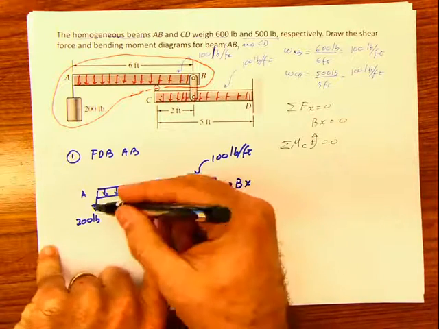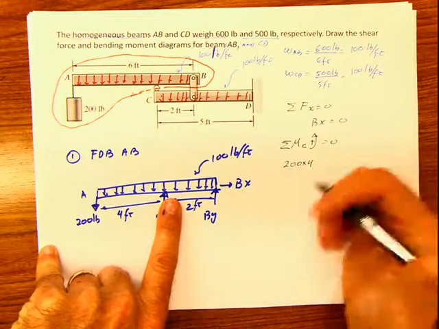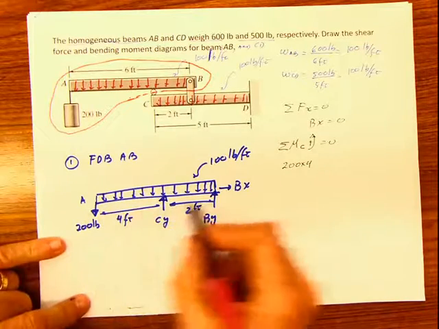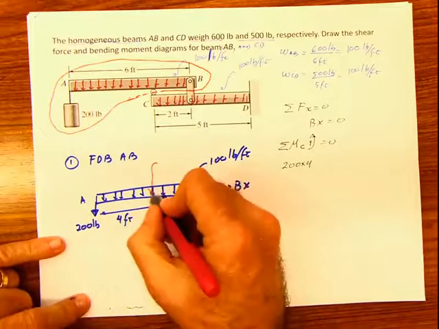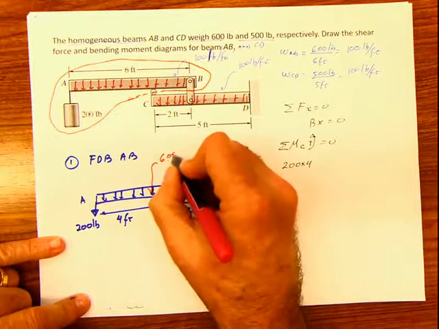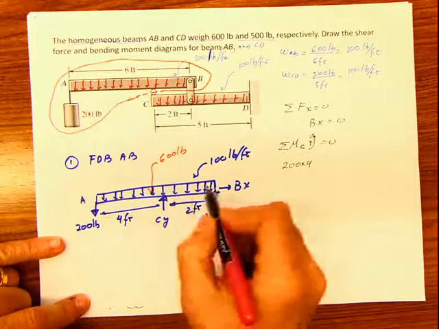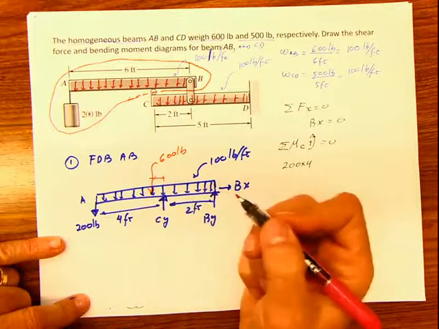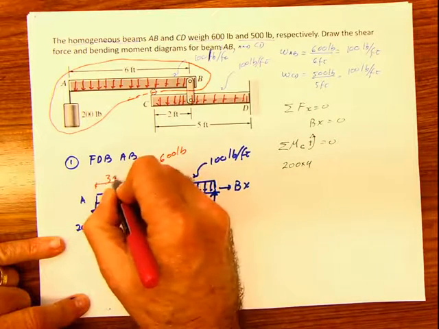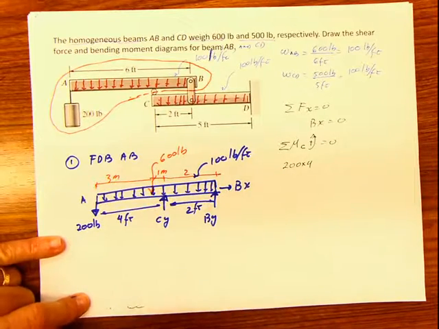Then we have 200 times 4, and it's positive because it acts in the same direction. And this, remember, is the distributed loading, and the total load is 100 times 6, which is 600 pounds. The location is at the center of that distributed load, which with respect to this part is 1 and 3, because that's exactly what gives me the center, 3 and 3 for that beam.